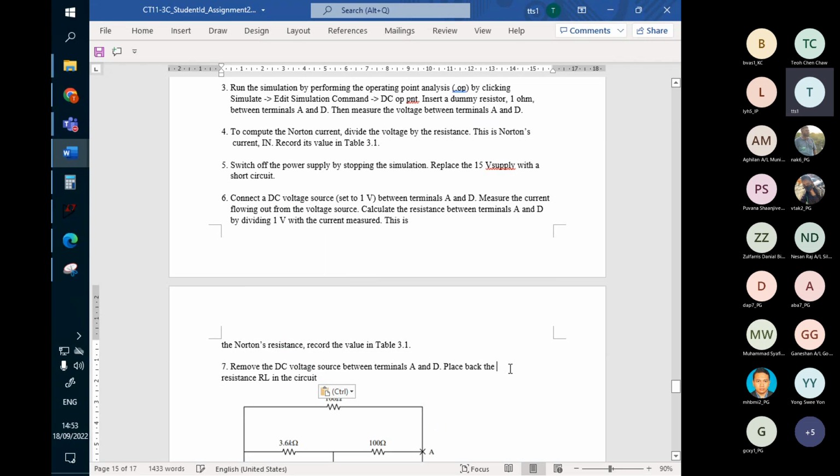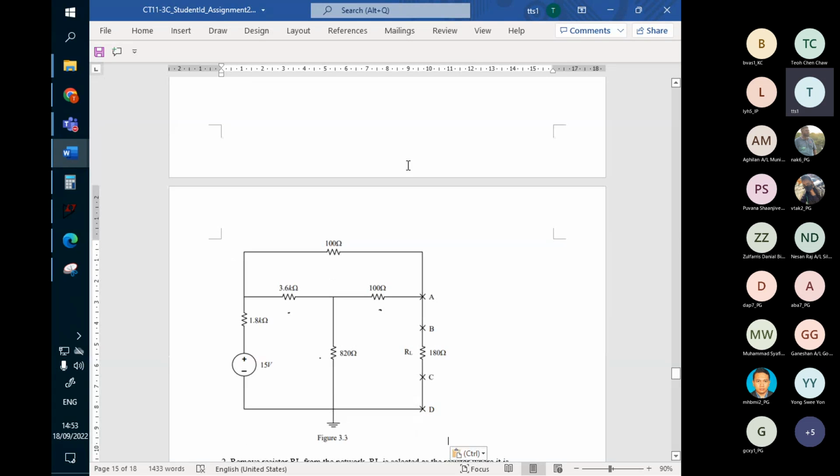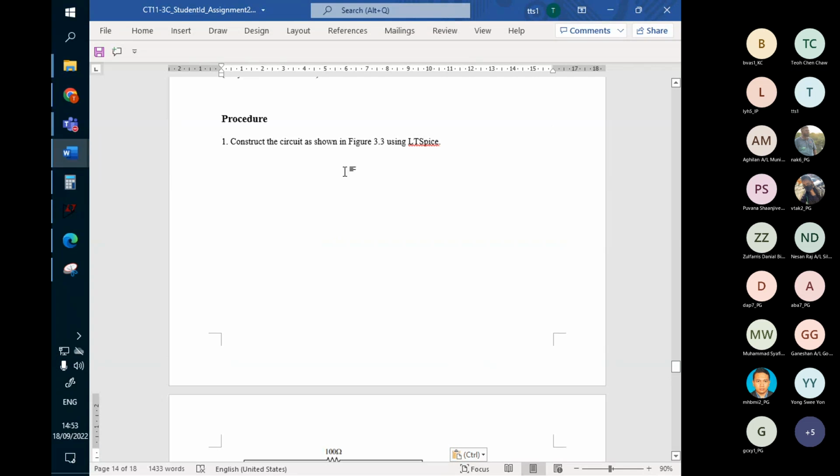Now let's move this one back to where it belongs. Here, figure 3.3, after step 1.